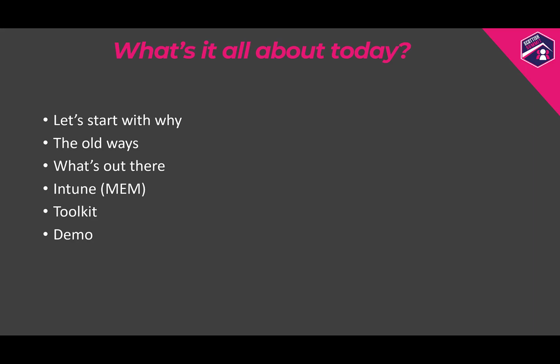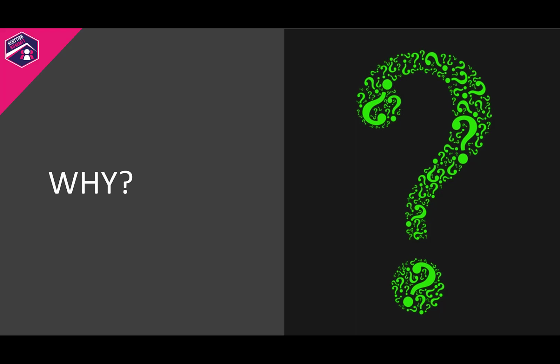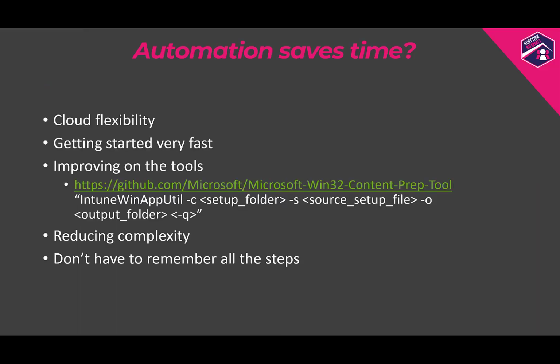So let's start with why we want to do this at all. What I want to say is that automation saves us time. And I think that's the most important fact. On a second note, we're going to be talking how to do this with Intune, Endpoint Manager.